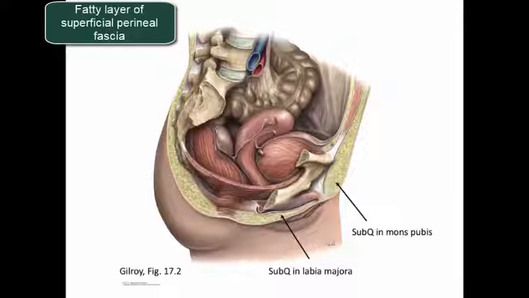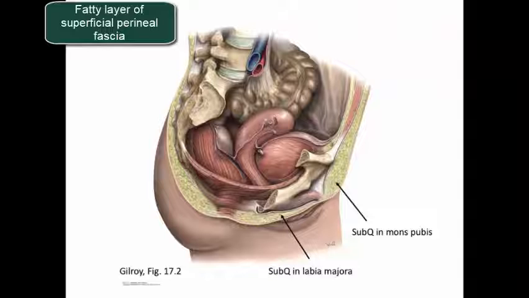As like everywhere else in the body, the perineum is covered by a layer of superficial fat or subcutaneous fat that lies just deep to the skin. All this is saying is the parts of your body where you can pinch an inch. Now, we don't normally think of pinching an inch in the perineum. However, the labia majora and mons pubis in the female are comprised of this same fatty material.